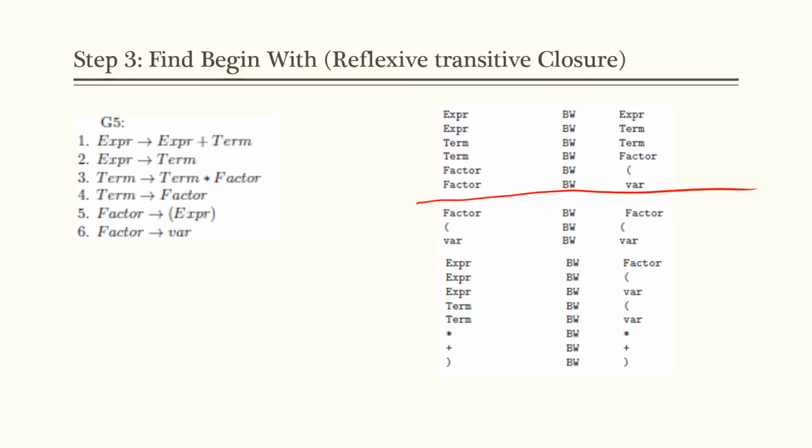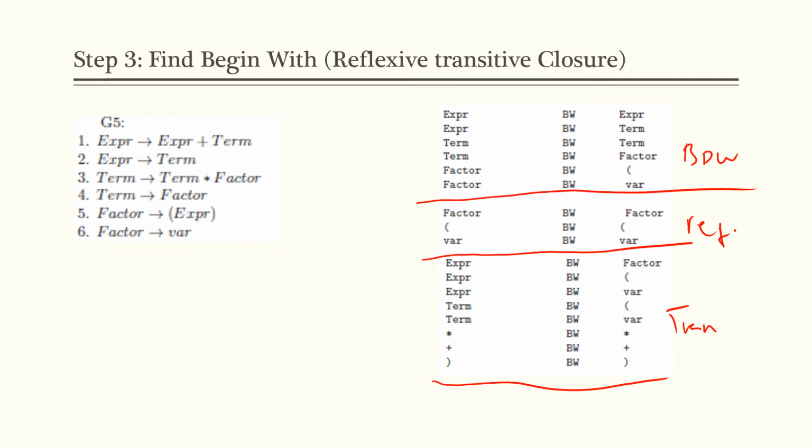We have to copy the first BDW from the previous step, and then we need to find the reflexive, and the last part here is the transitive. This is from BDW. So that is step 3.